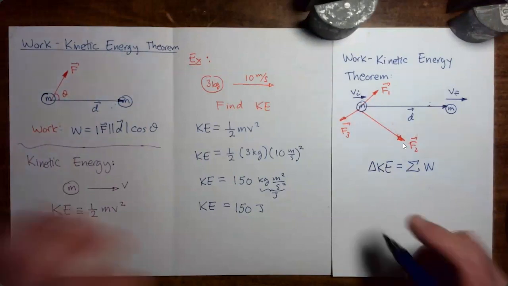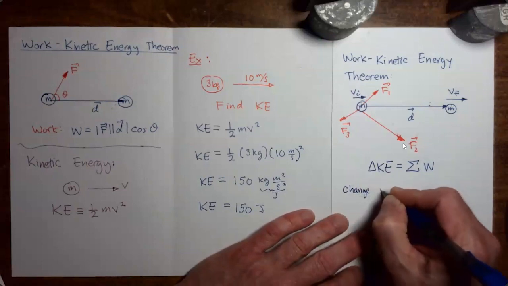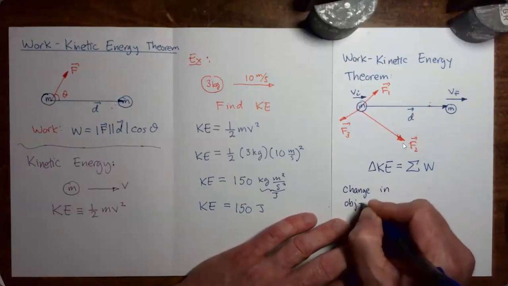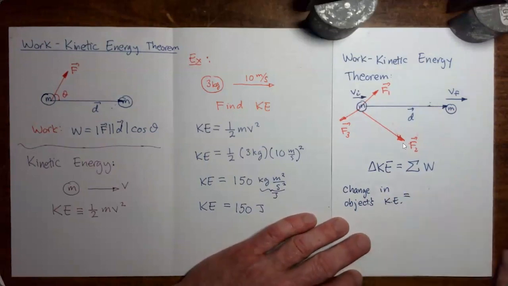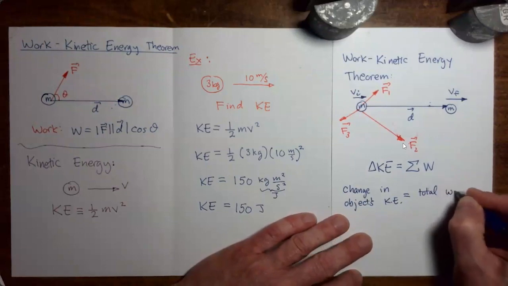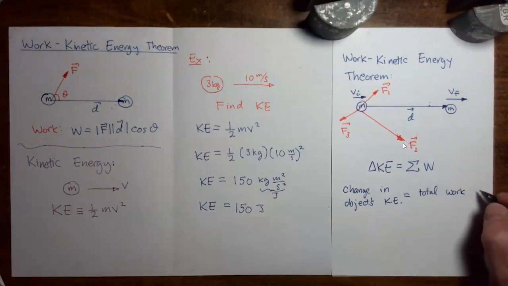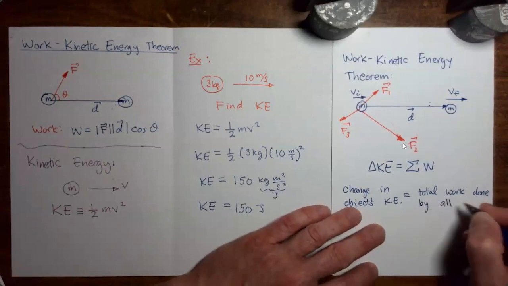So on the left side of the equation, we have the change in the object's kinetic energy. That is equal to the total work done by all forces acting on the object.